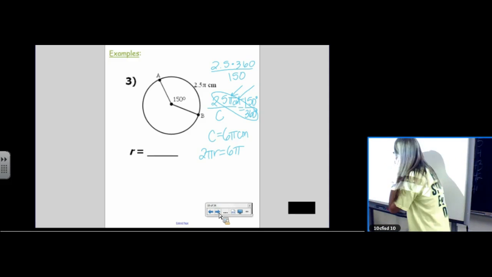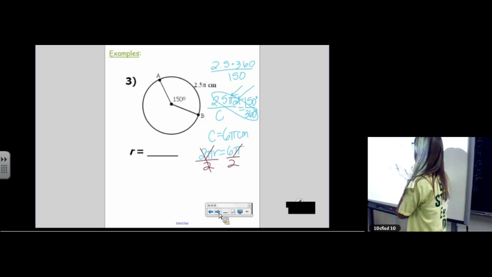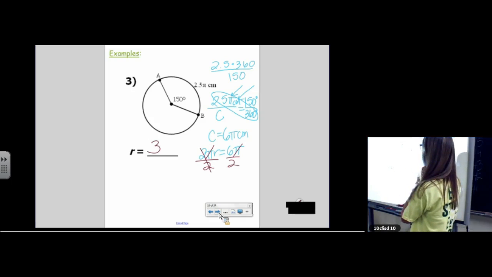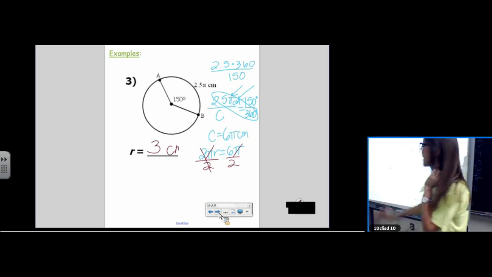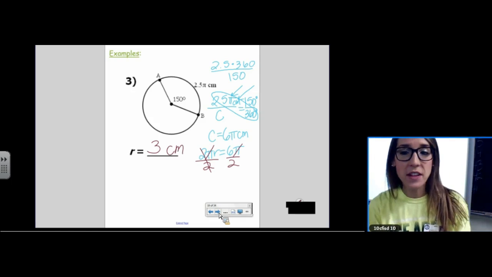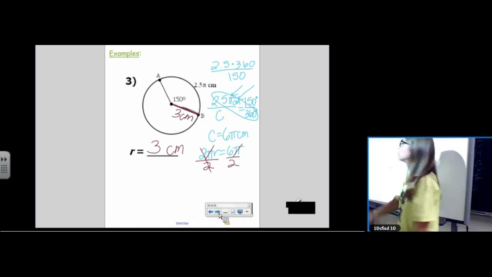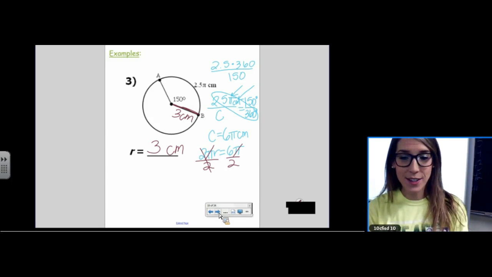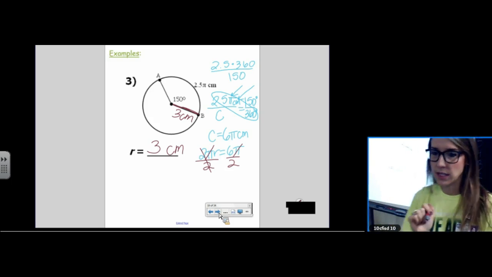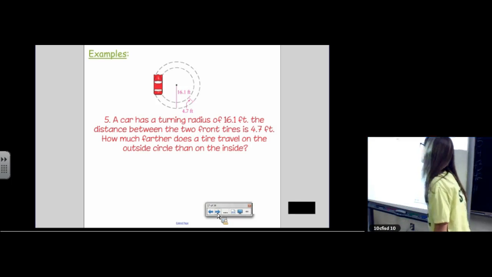So when I try to solve for r, the pi's cancel, and then I divide by 2. The radius is 3. What did cancel was pi. What didn't cancel were my units. This length is 3 centimeters long. Is it 3 pi centimeters? No. Just 3 centimeters.